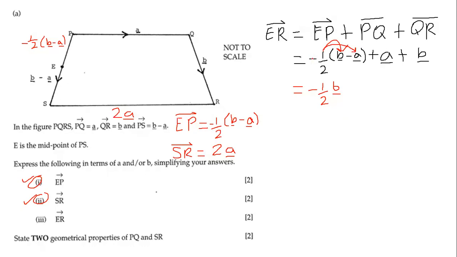And so we have a negative here and a negative here, so it becomes a positive a half a bar. It's going to be plus a, and it's going to be plus b.